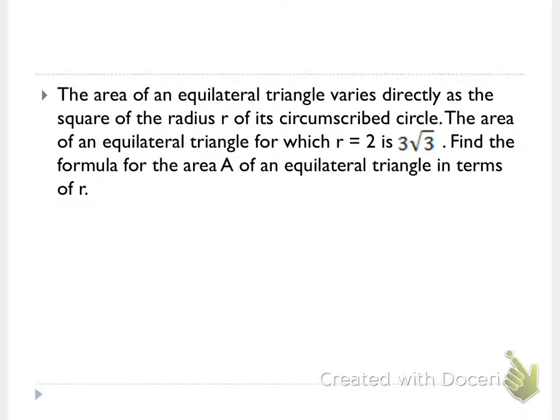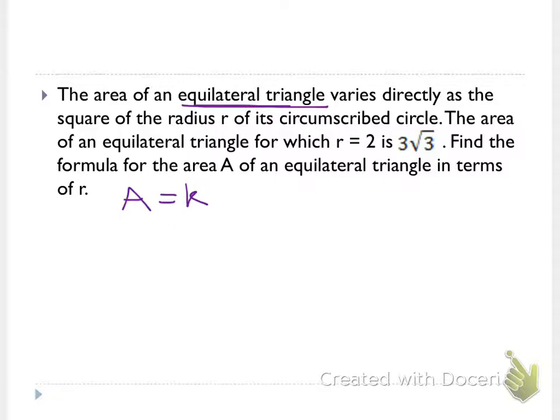Alright, now we're going from words to equations. So the area of an equilateral triangle varies directly as the square of the radius r of its circumscribed circle. So area varies. And it gives you this information right here. That's not entirely necessary. So area varies directly, so we have a constant, right?